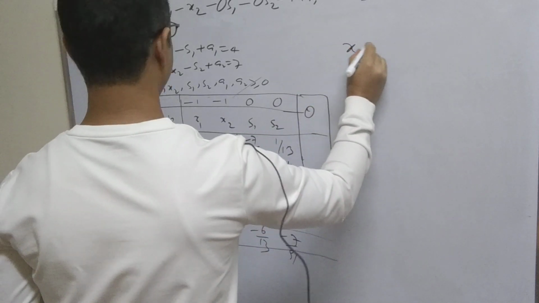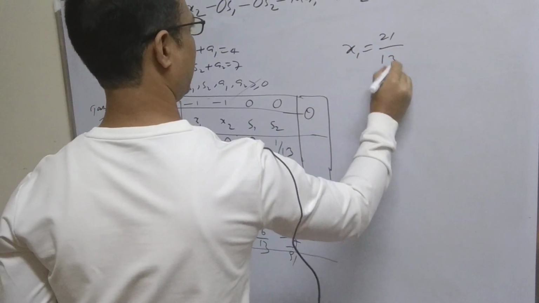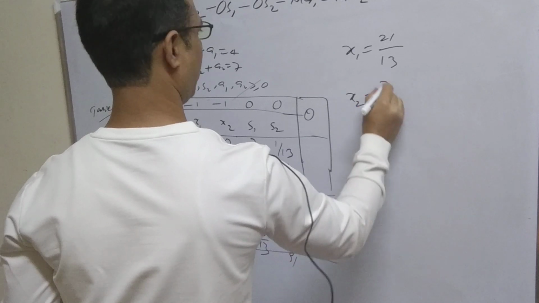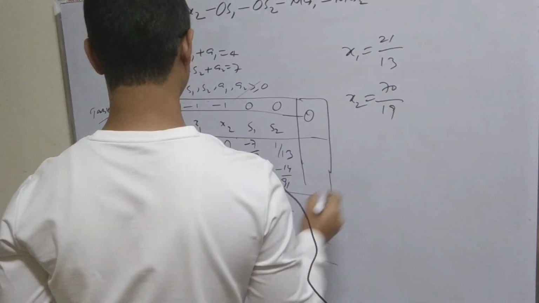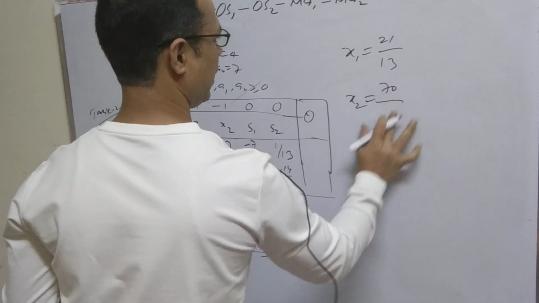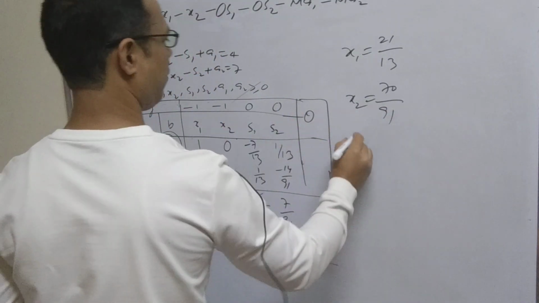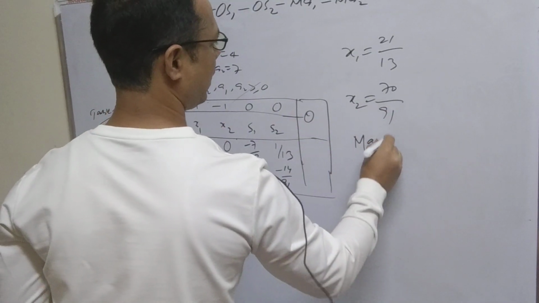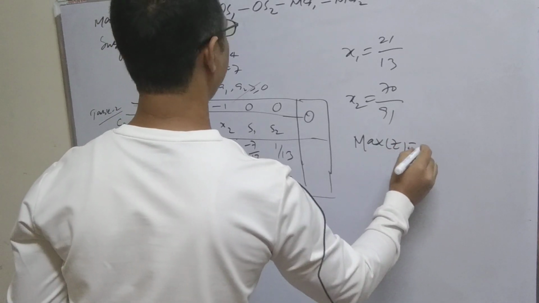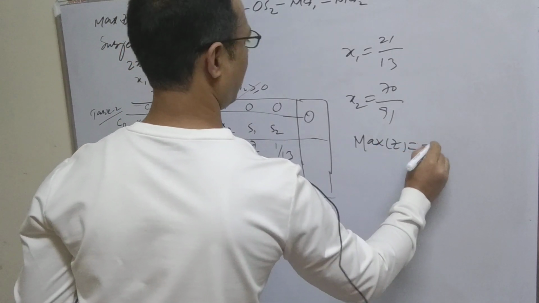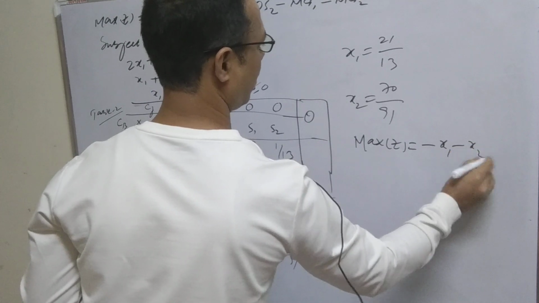So x1 is equal to 21 by 13, x2 is equal to 70 by 91. Put this value into the objective function. The objective function is: max z is equal to minus x1 minus x2.